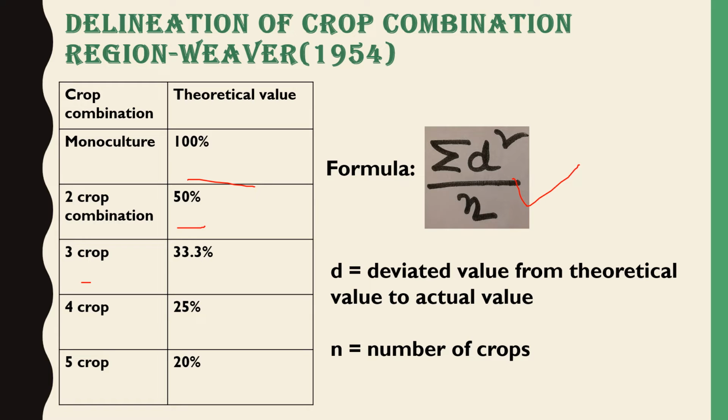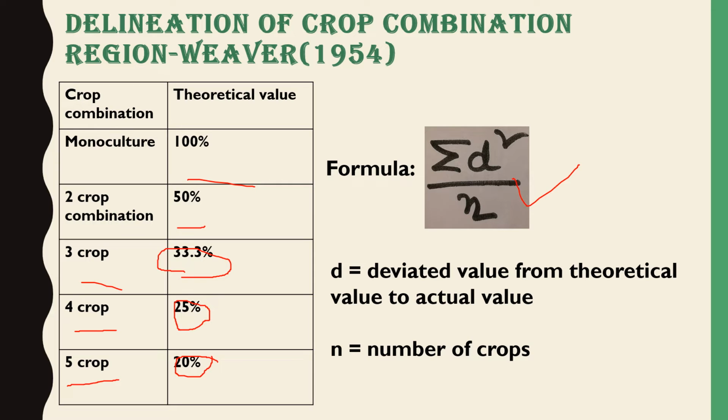In the case of three crop combination, 33.3% area is used for each crop. Similarly, in the case of 4 crops, 25% of area is used for each crop, and in 5 crops, 20% of area is used for each crop.